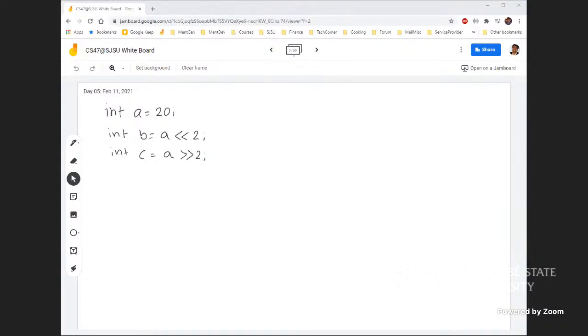These operations are basically called bit shift operations. Now, what does it mean?